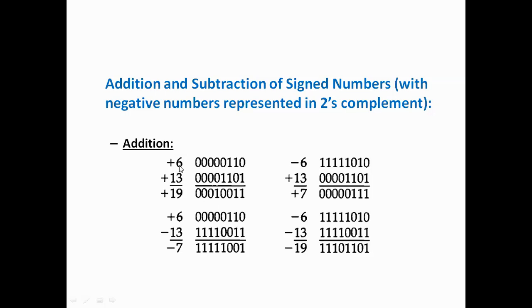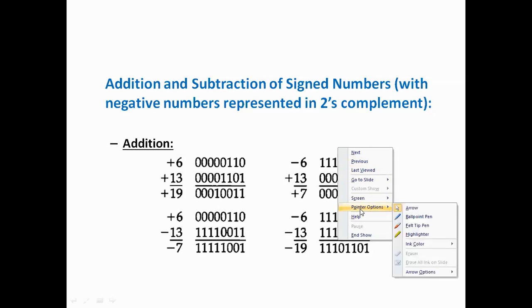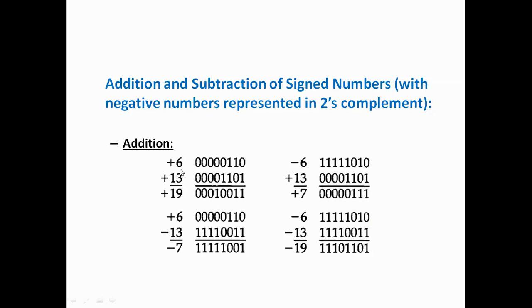So plus 6, if we represent numbers by 8 digits, this 0, this 6 will be this, and 13 will be this.